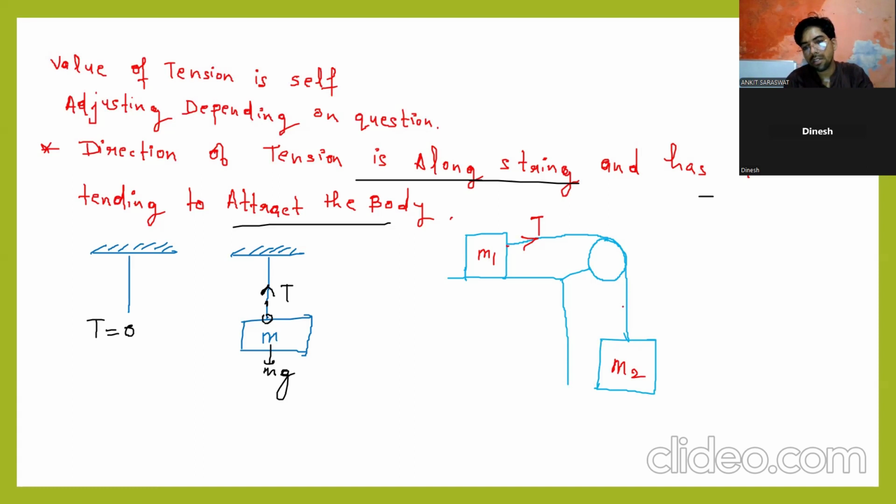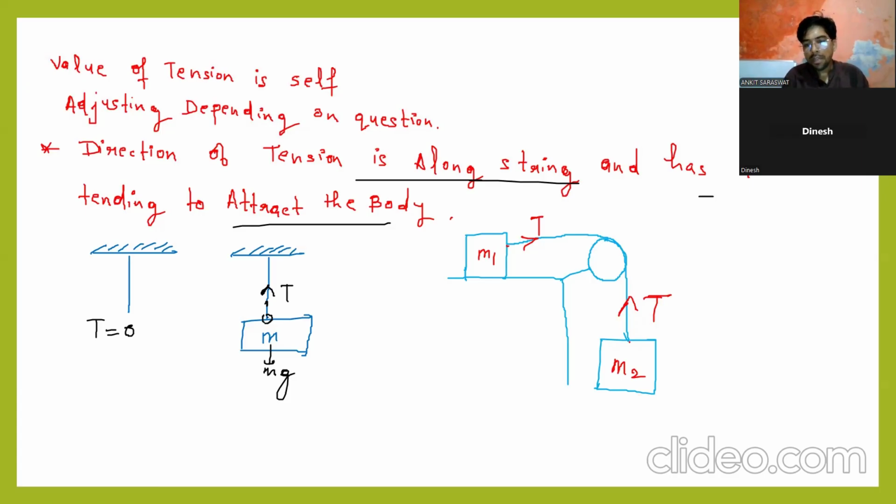Up. Or you can say along a string and has a tendency to attract the body. This body is going down, then in which direction will it attract this body? Up. Clear?